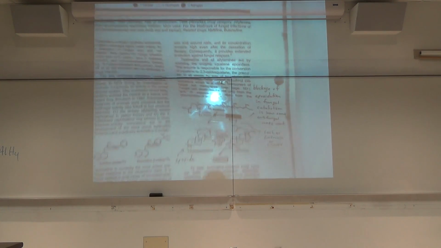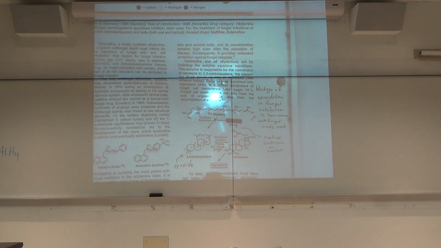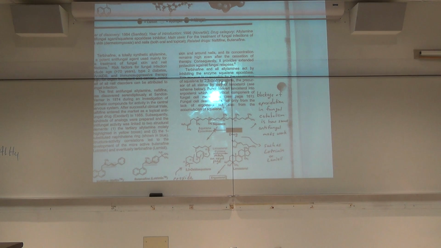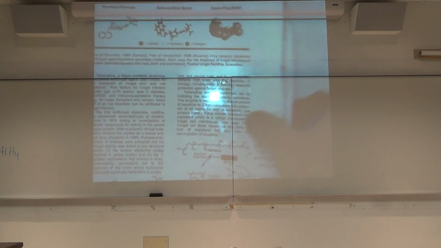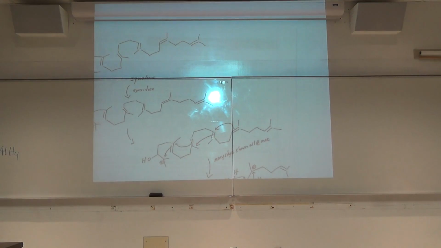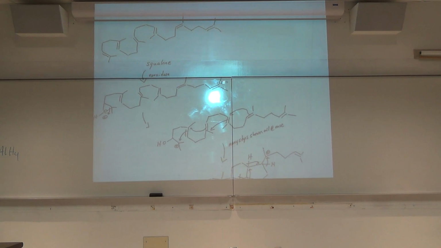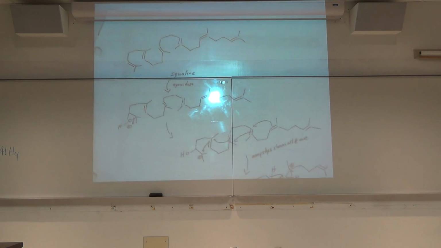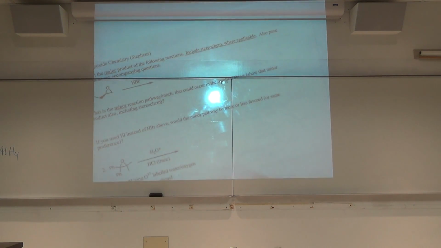Eventually what you're inhibiting is the synthesis of ergosterol, which is important for the fungus. Oh yeah, there it is on the next page. I just showed it for you using proton. Make sure that that reaction looks good to you.